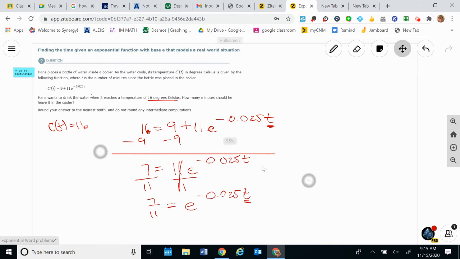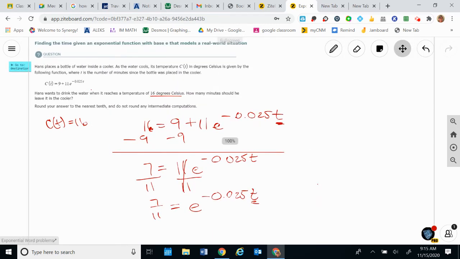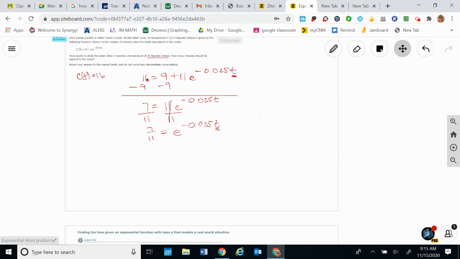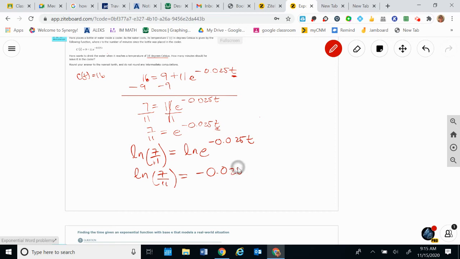So we're going to take the ln of both sides. ln of e, and then we use the property that says these cancel each other out, and we bring this exponent down. So we get ln of 7 elevenths is equal to negative 0.025t.